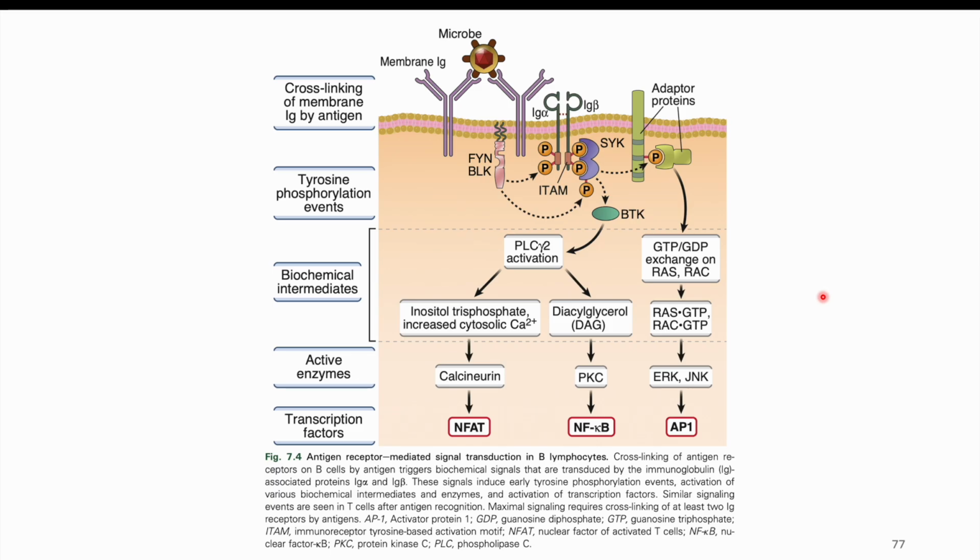Then if we talk about the antigen receptor mediated signal transduction in B lymphocytes, since the beginning I am saying why do we need signaling. Signaling is the only way through which the cell communicates from the outside world to the interior of the cell. These are the basic signaling systems, biochemical reactions, changes of the cell interior once it is under some influence.